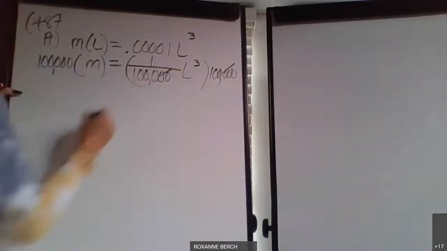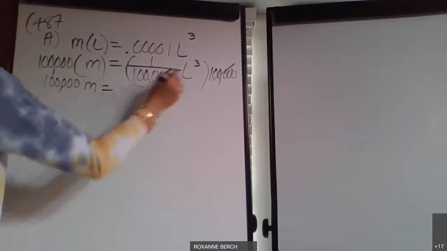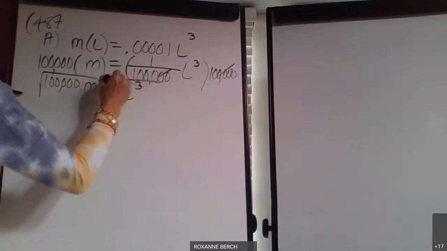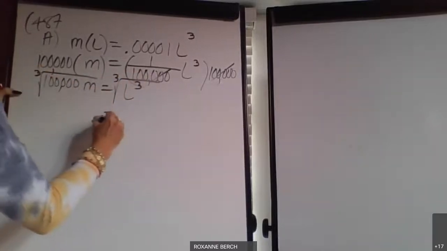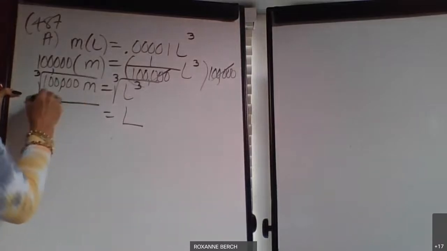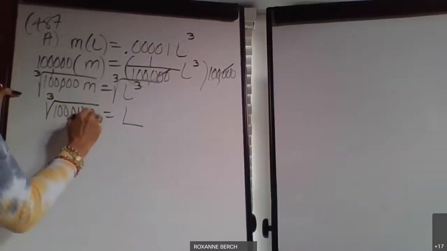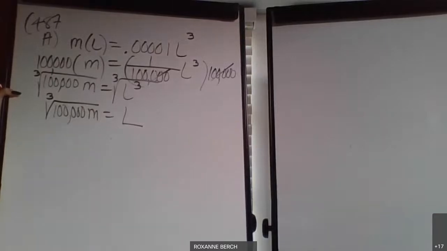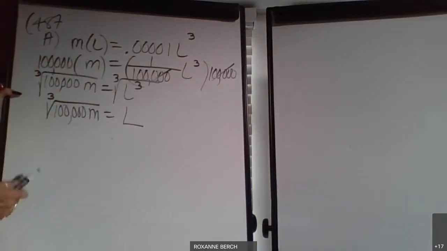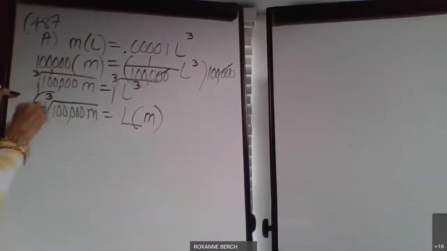So those cancel. So we get 100,000 m is equal to L cubed, and now we take the cube root of both sides. Don't put plus or minus. They gave us the mass in terms of length, and now we wrote the length in terms of mass. And that's good enough.